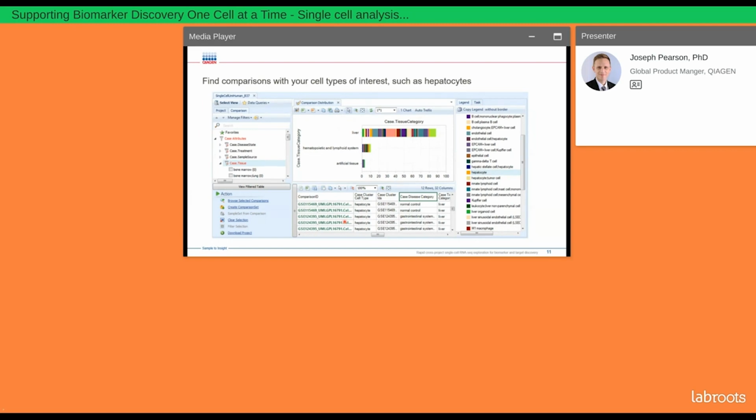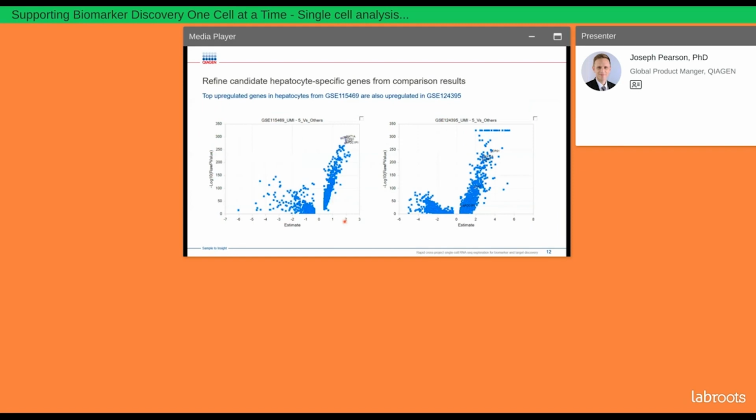We can quickly go from this comparison distribution view and directly explore those full differential expression results to identify those top biomarkers that are upregulated in hepatocytes.